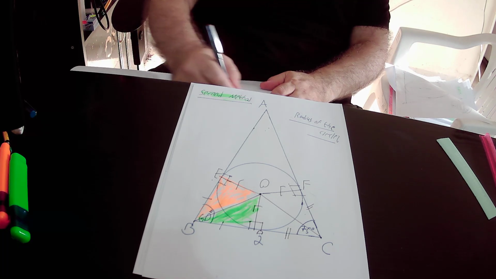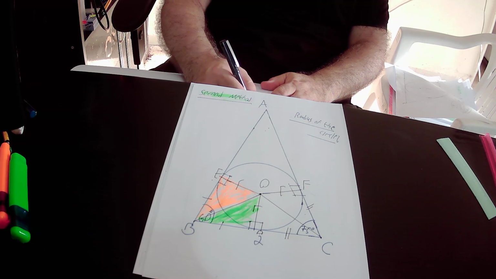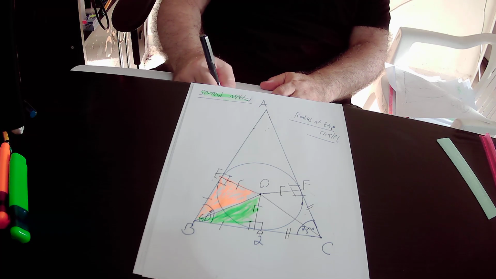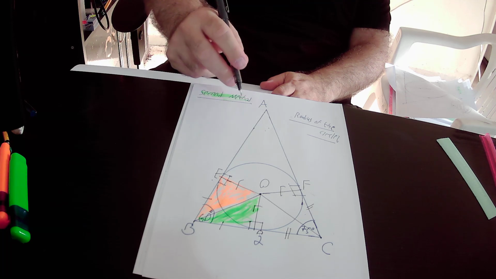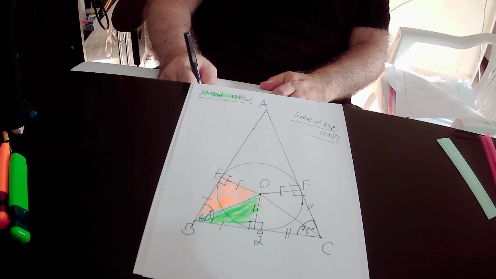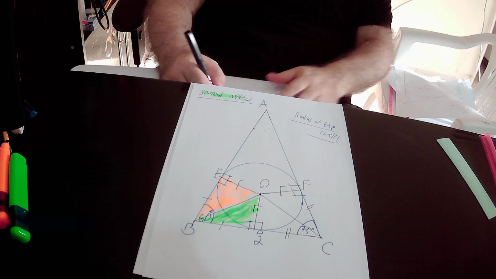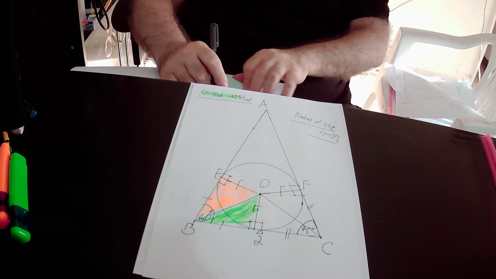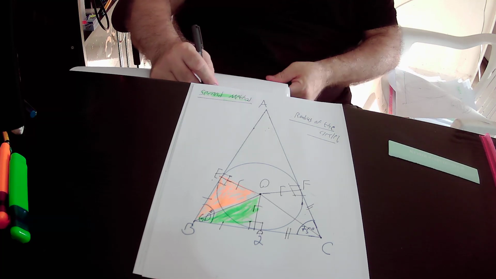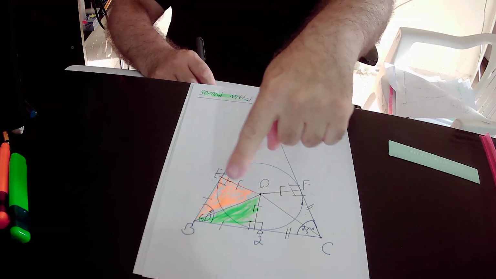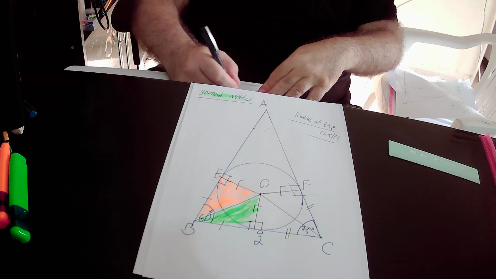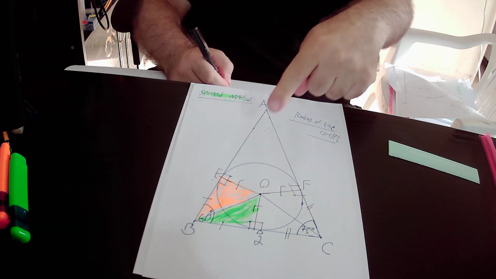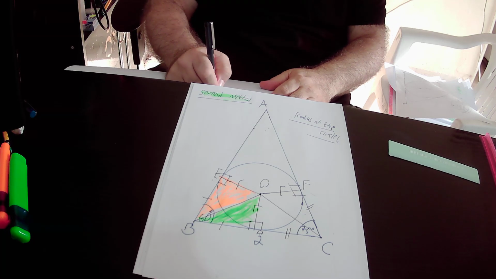We prove that the green triangle, that is actually triangle OBD, is congruent to the orange triangle, that is triangle OEB. So, why are those two triangles congruent to each other? First of all, we just found out that side BD of the green triangle is equal to side BE in the orange triangle according to rule number 2.